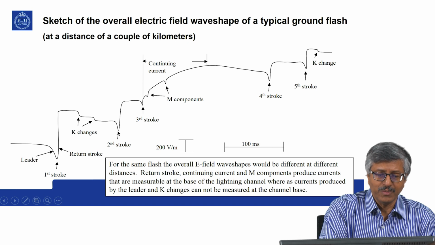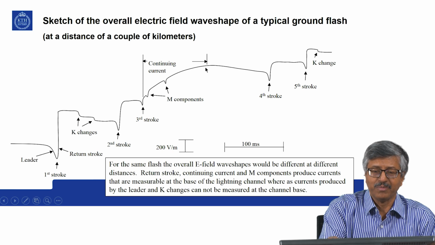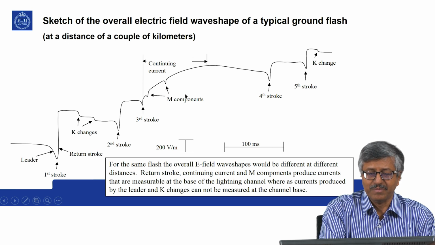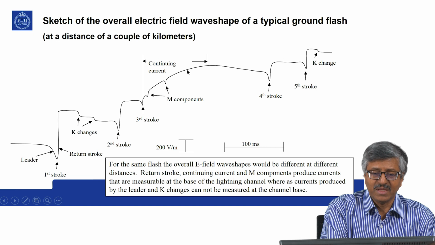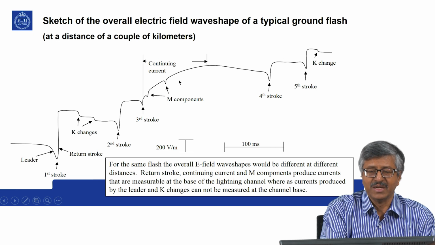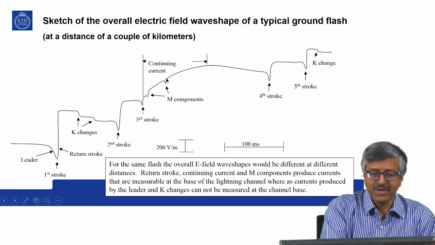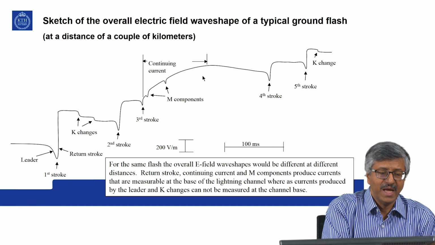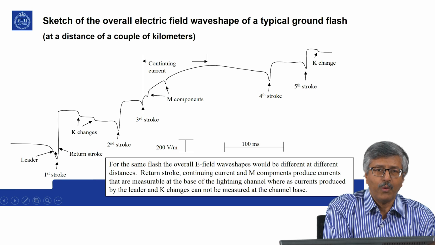We are also concerned about this continuing current, because even though it carries only hundreds of amperes, because of the long time it produces a lot of charge, and we will see that a lot of charge means fire hazard to objects and other things. So the return strokes and the continuing current are most important as far as lightning protection is concerned, and the leaders are important because it is these leaders that will finally decide where the lightning will strike.